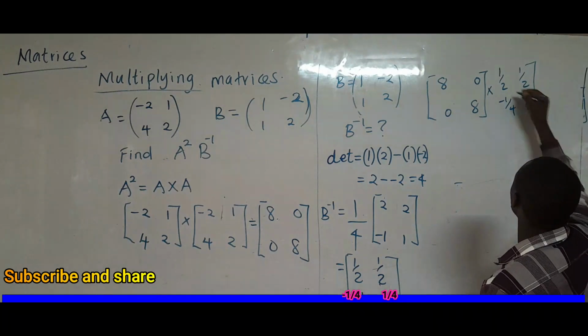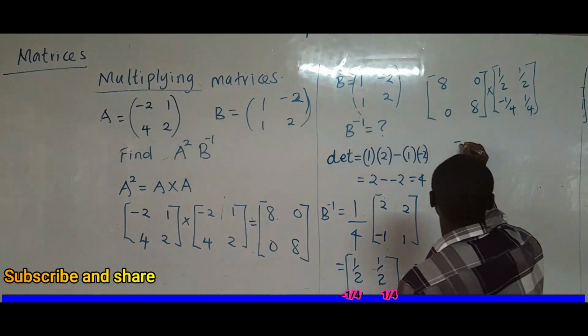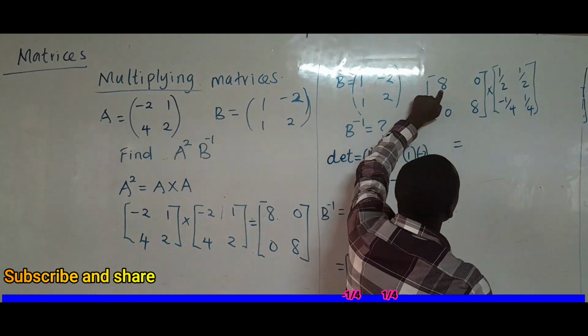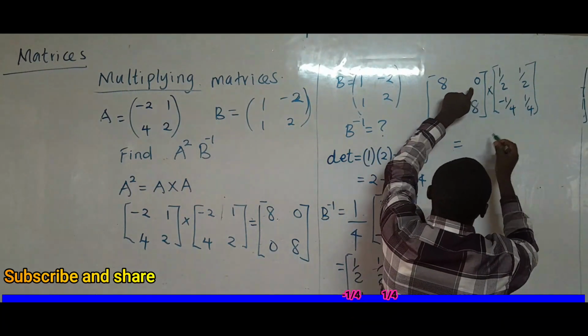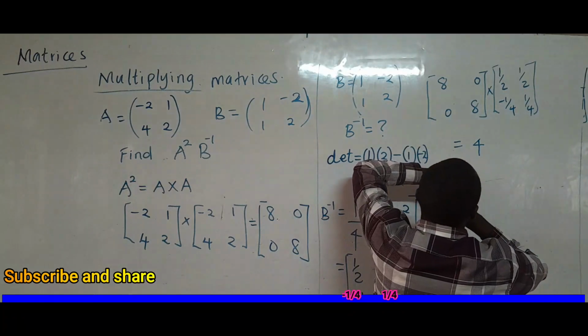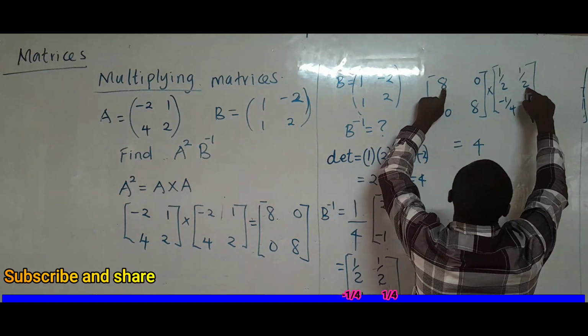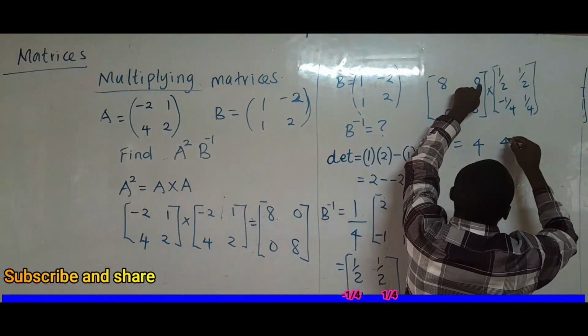If we multiply very fast, what do we get? This is going to be 4, we add to 0 is 4. And this is going to be 4 again, we add to 0 is 4.